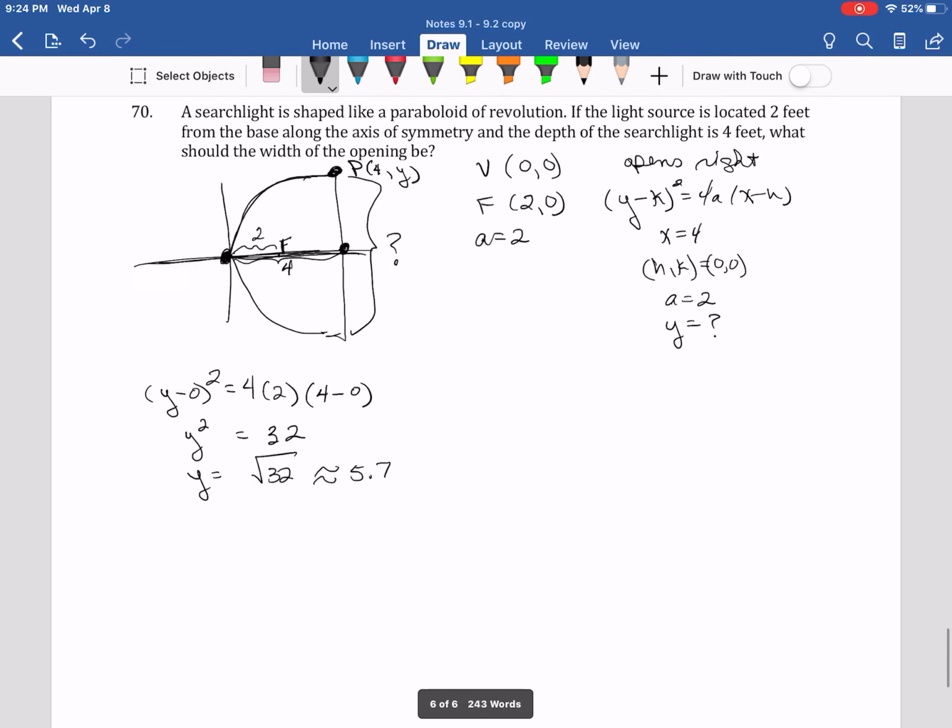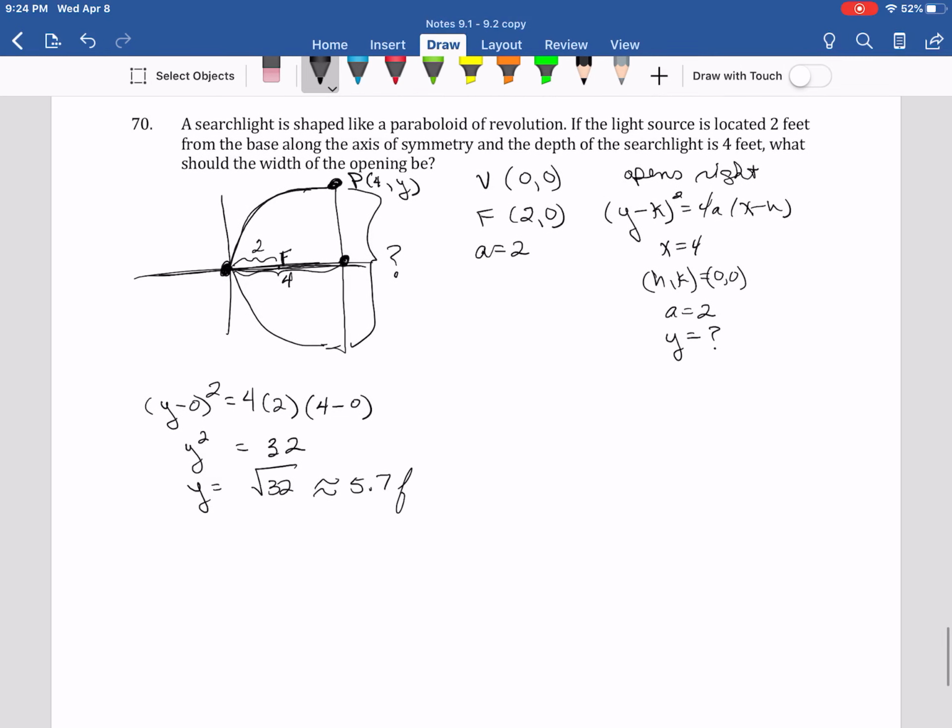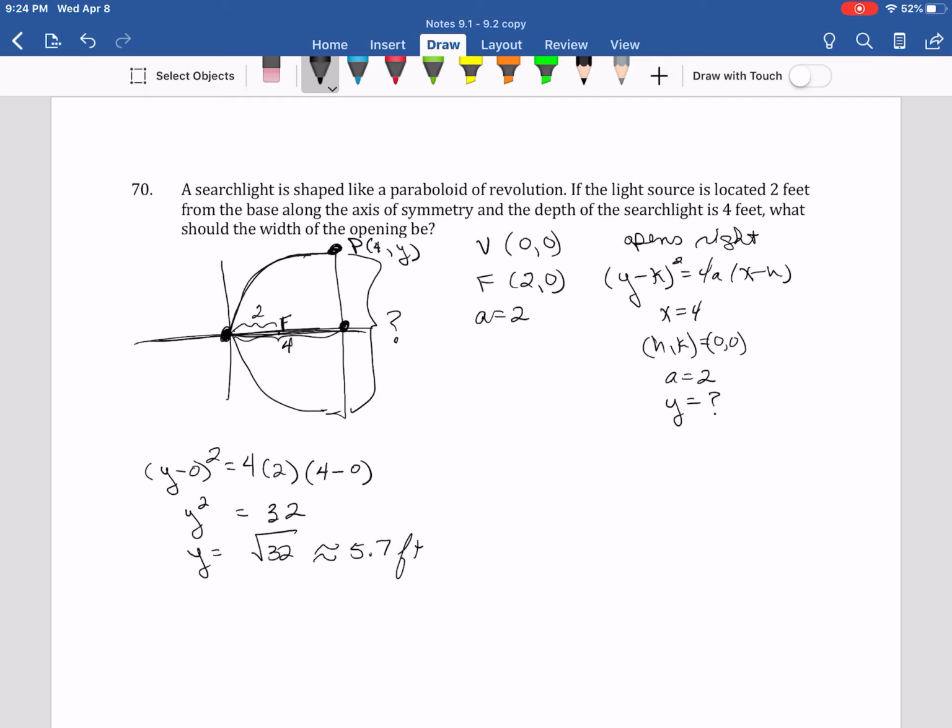We are in feet. That's the distance from the x-axis up to that point. That's the distance y. y is 5.7.